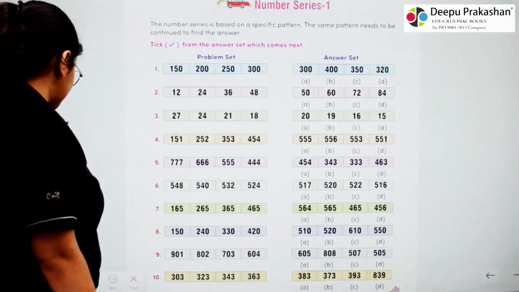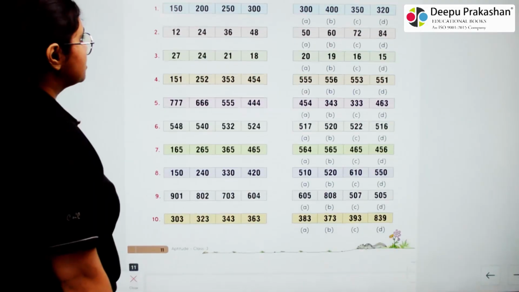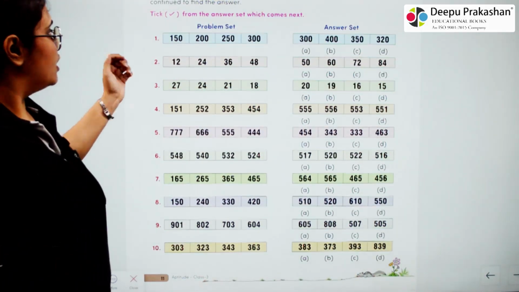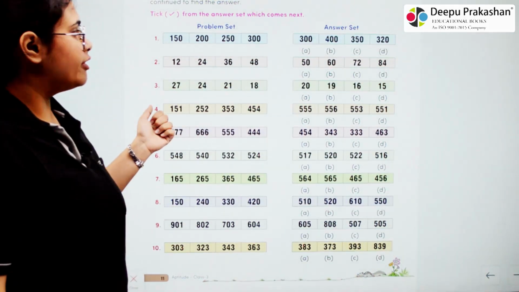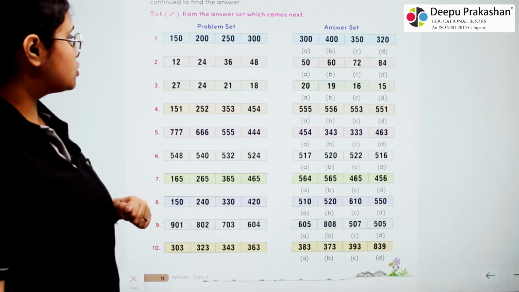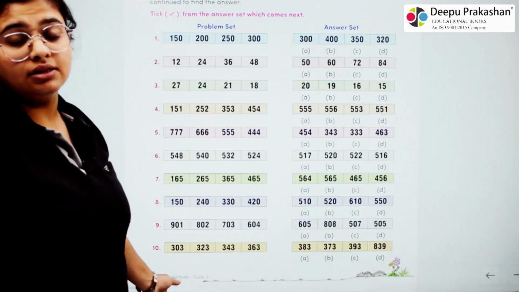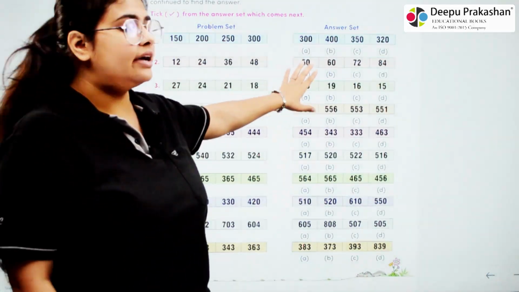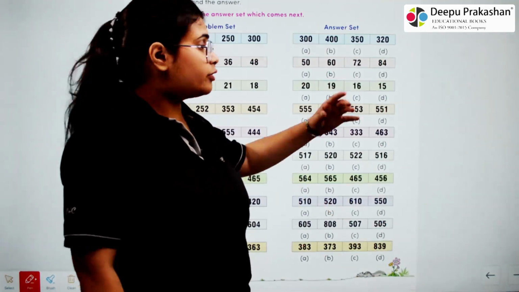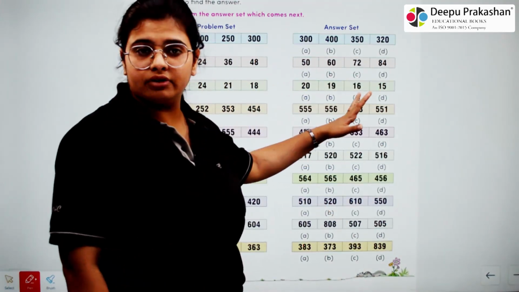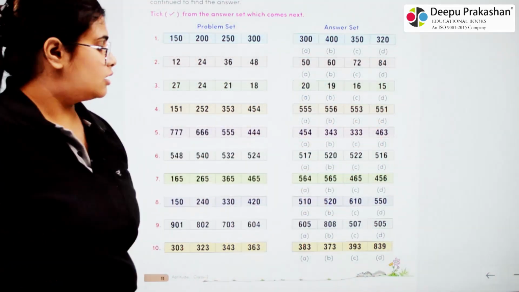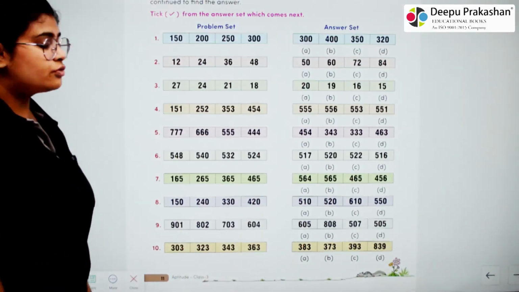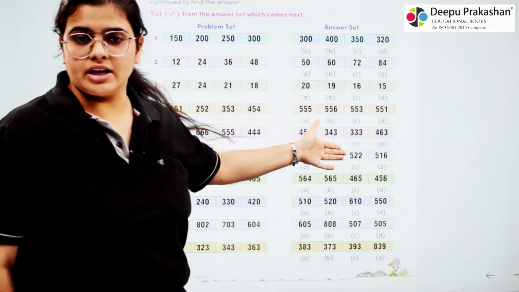Okay? Let's start. Take from the answer set which comes next. So here we are given the questions, that is a series, and here we are given some options. So we have to select which comes next.